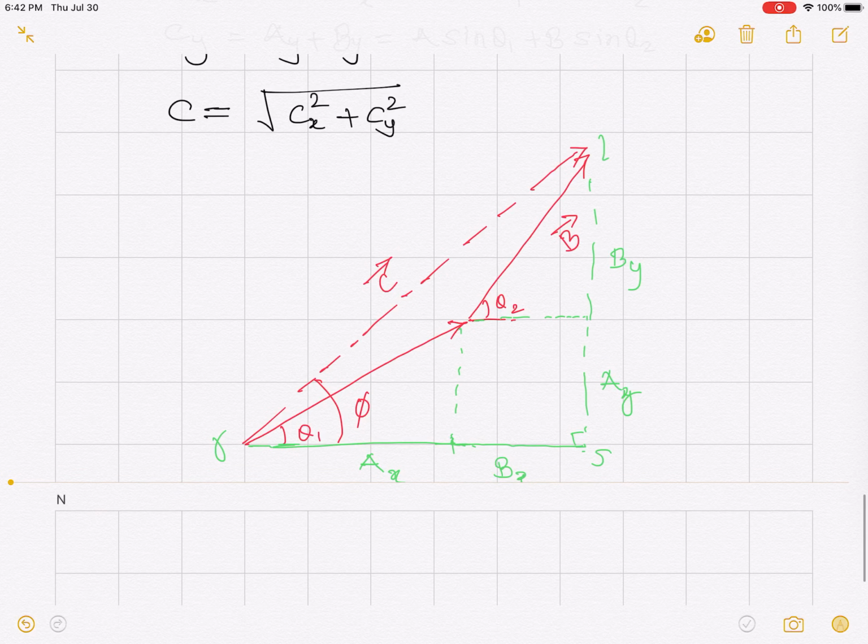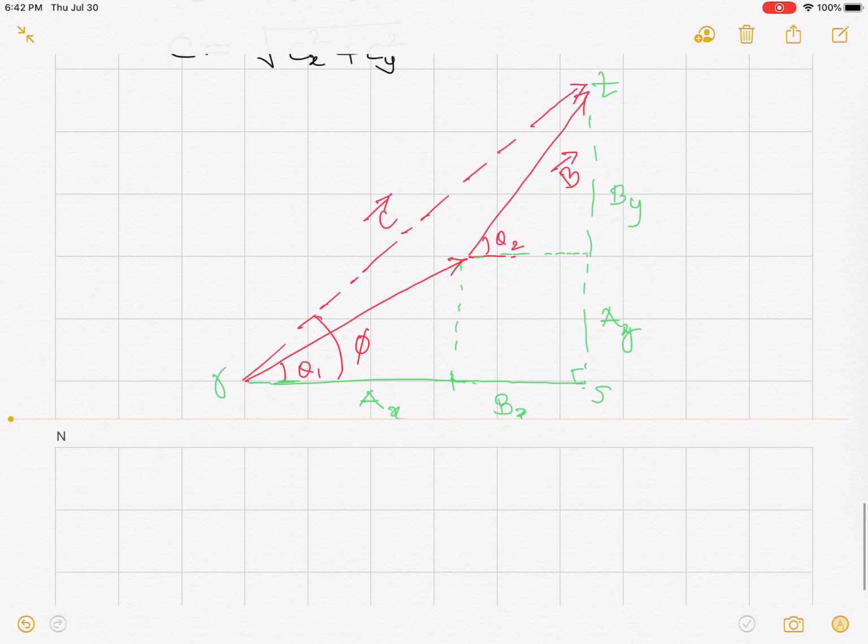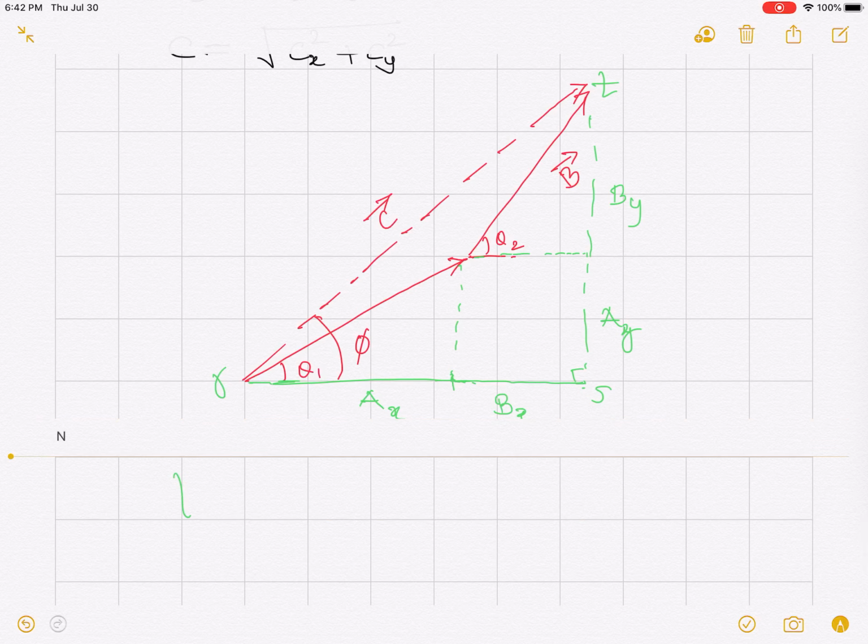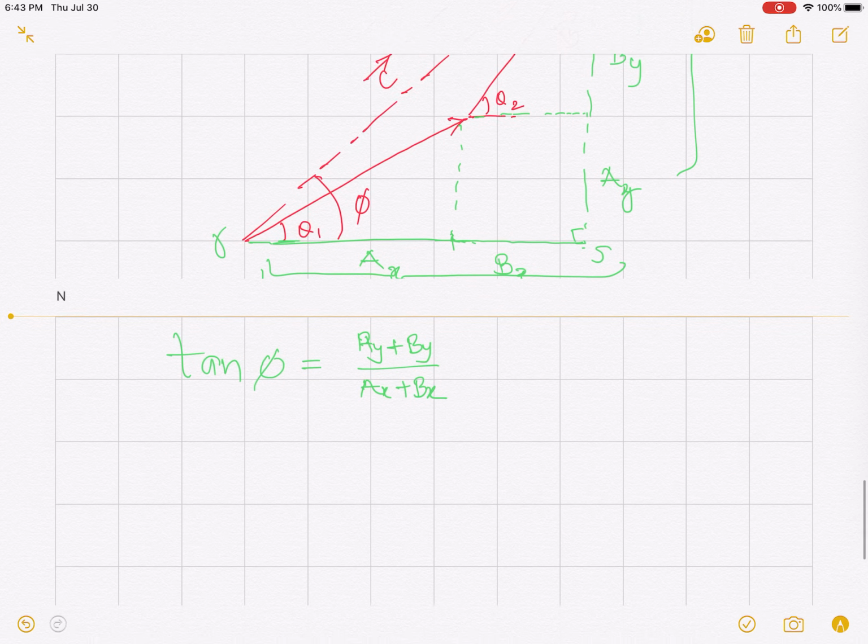In this right angle triangle RST, you can write tan phi equals this divided by this quantity. So you can say AY plus BY divided by AX plus BX.